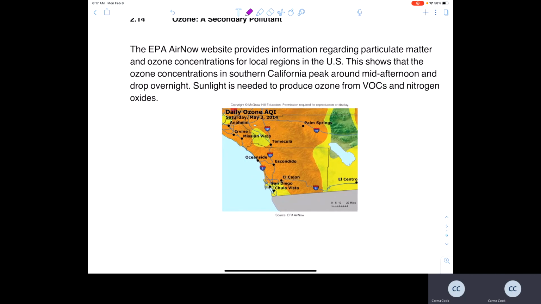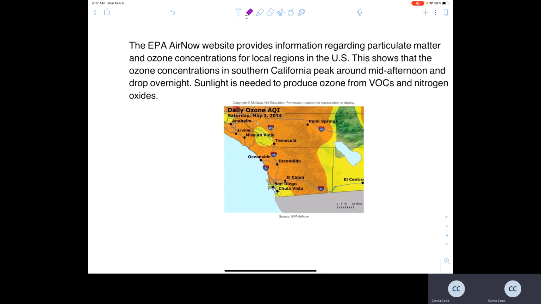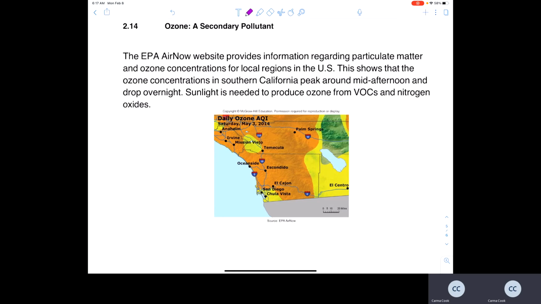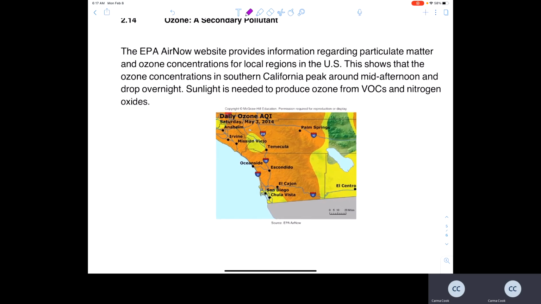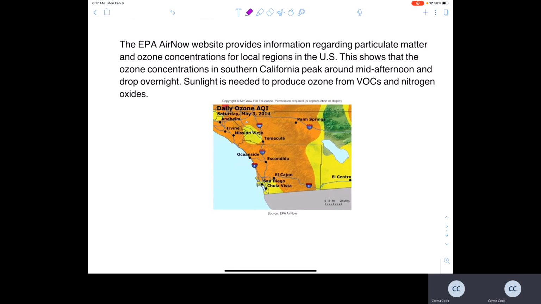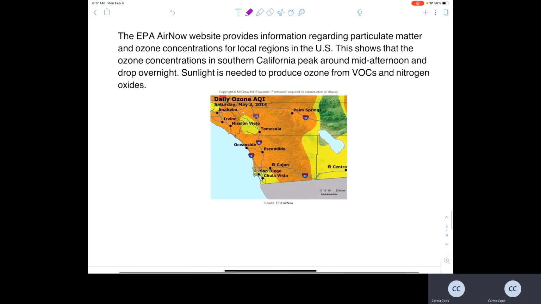And so here we see a map of Southern California, and it shows that ozone concentrations tend to reach a peak around mid-afternoon, I guess during high traffic times. And then those ozone concentrations tend to drop overnight. And so sunlight is used as a catalyst to produce ozone from volatile organic compounds and nitrogen oxides.